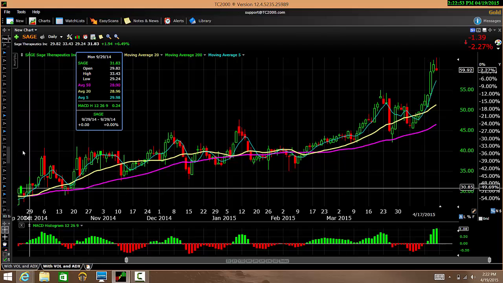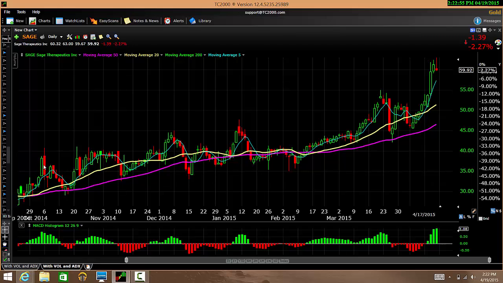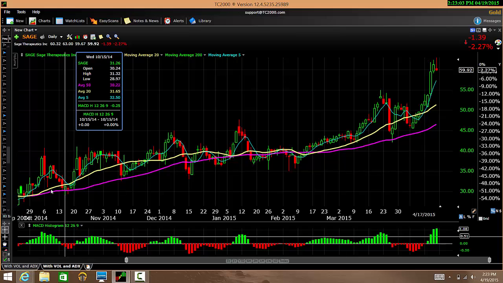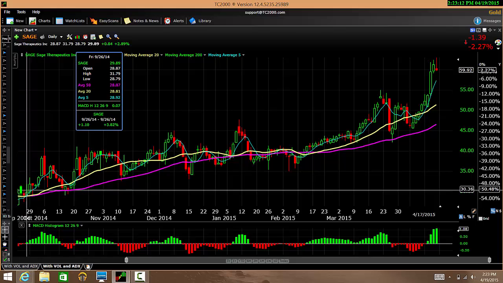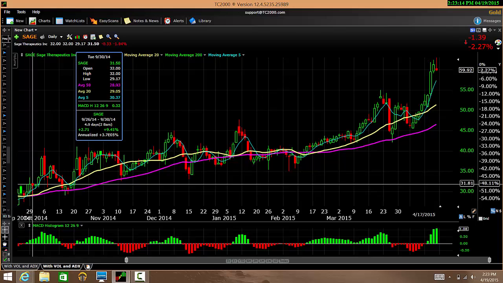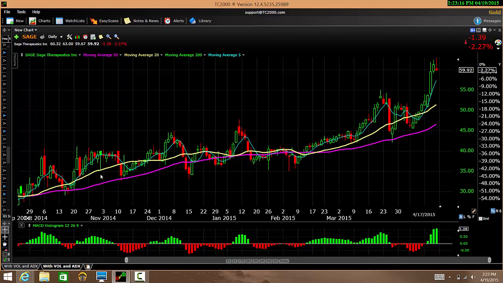So you'd purchase the stock here, and you can either sell on a break of the 5-day moving average here, or wait until the MACD gives you a sell signal. But in this case, you'd make around 50-60 cents on the stock.